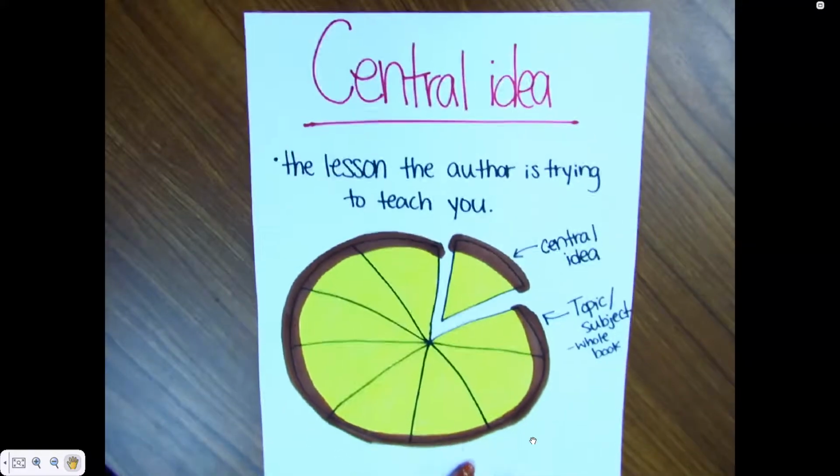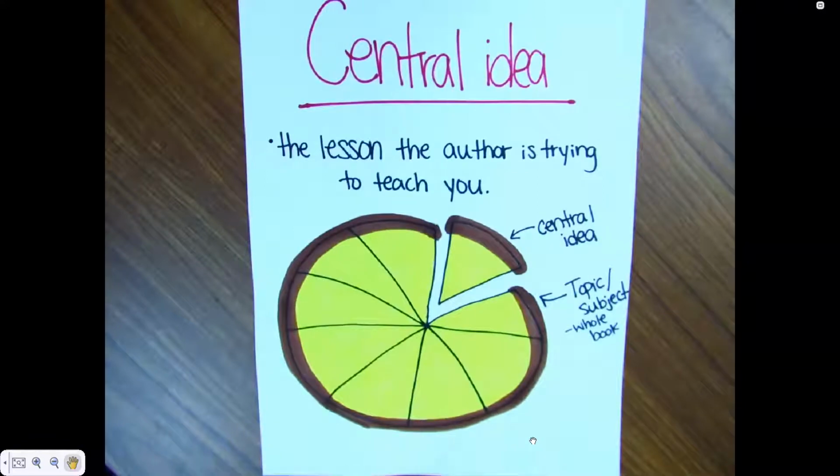So first, let's review. Central idea is the lesson the author is trying to teach you, right? We talked about this yesterday. We said the whole pizza is the topic or subject, the whole book. And then the central idea is just one slice, because each chapter is probably going to have its own central idea, or maybe paragraphs or headings or subheadings.